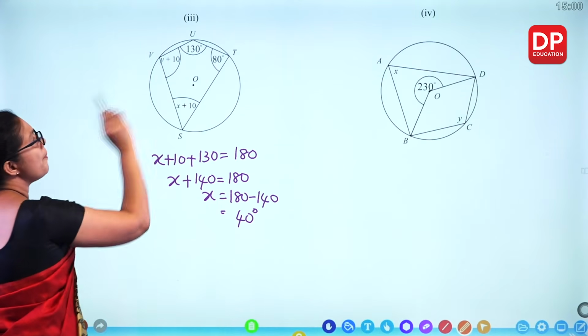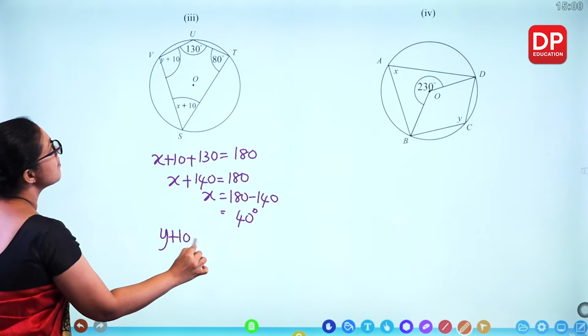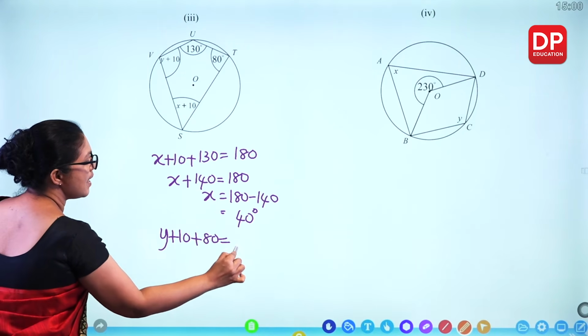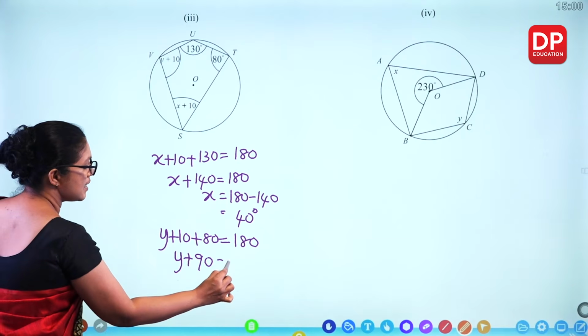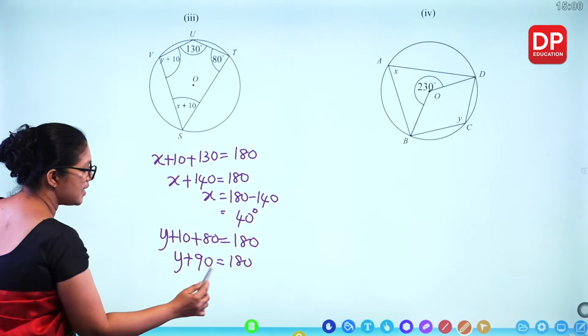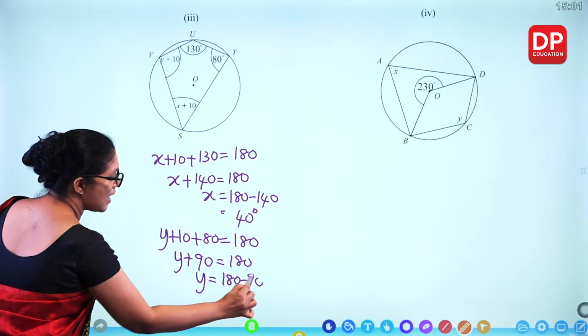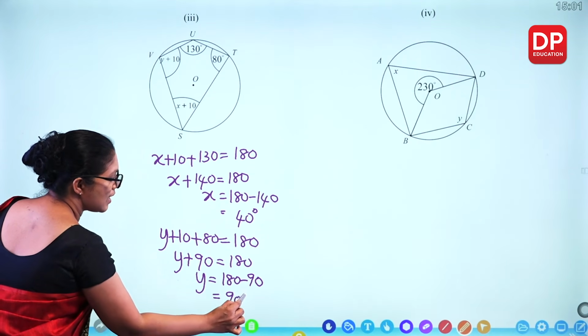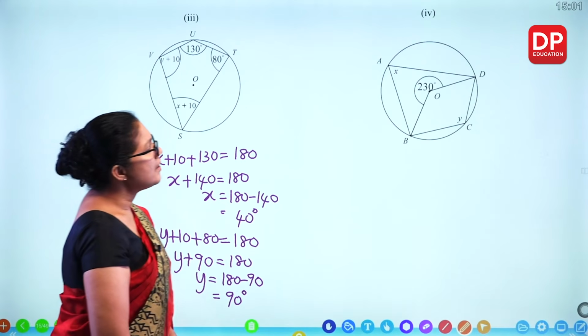These two also opposite angles. So y plus 10 plus 80 equals 180. Y plus 90 is 180. Take 90 to the other side. Y equals 180 minus 90. You get 90 degrees.